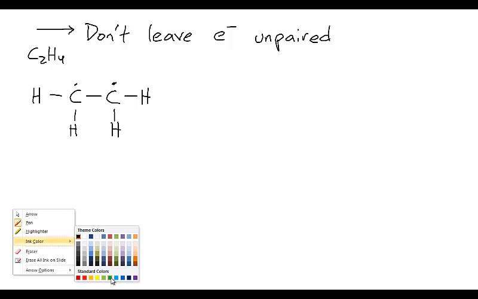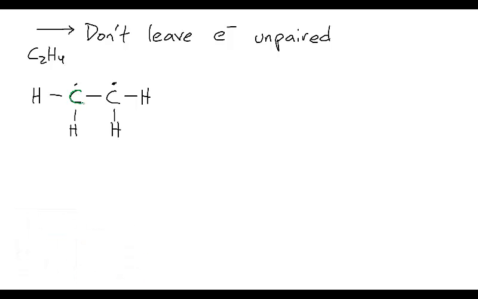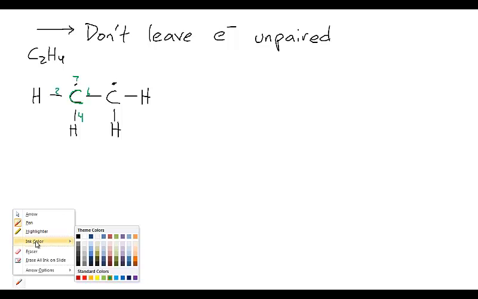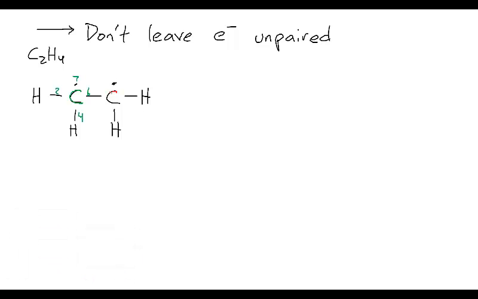If I were to count up electrons around this carbon, it would be 2, 4, 6, 7. And around the other carbon, it would be 2, 4, 6, 7.